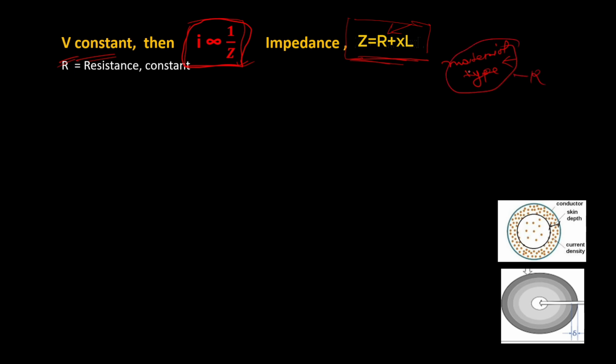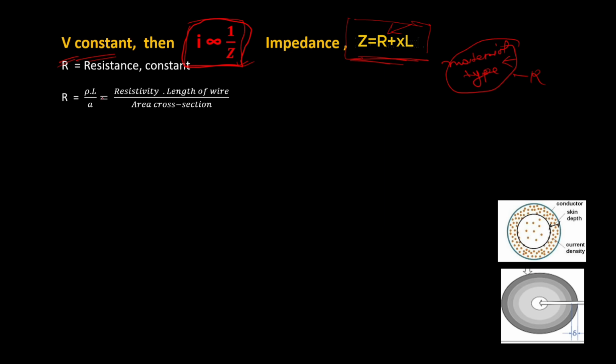So suppose one conductor is made of the same material, then the resistance for each layer or each section of the conductor is the same.